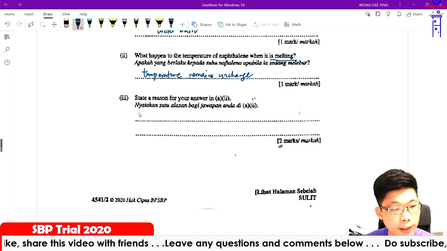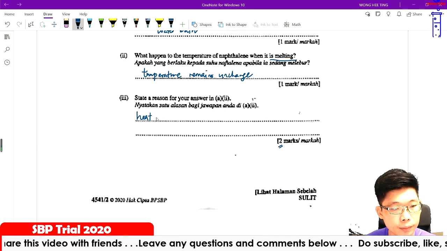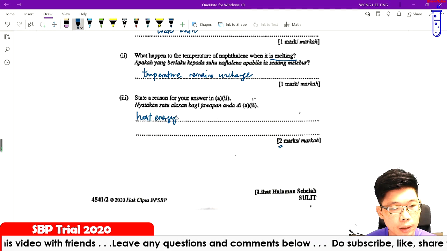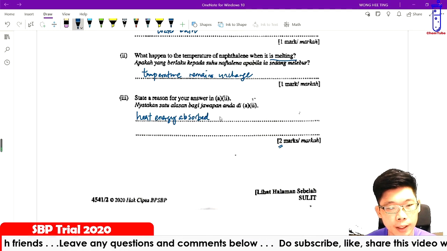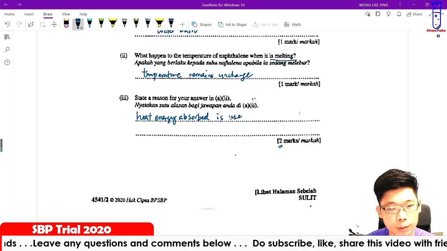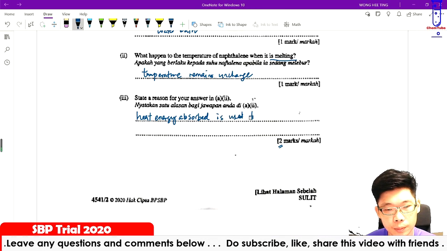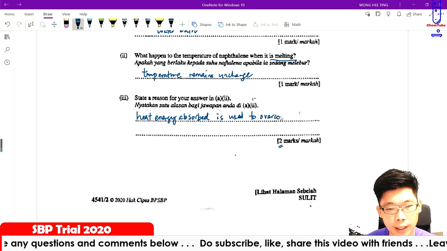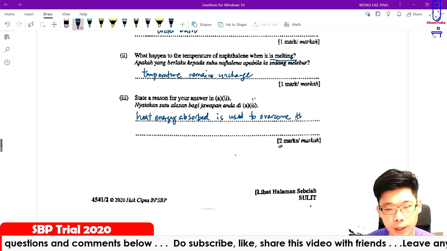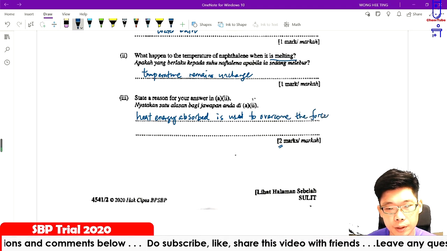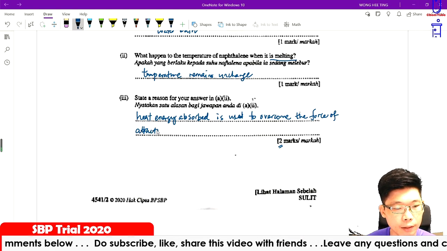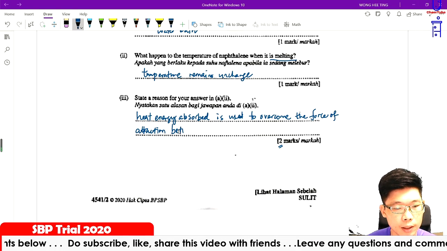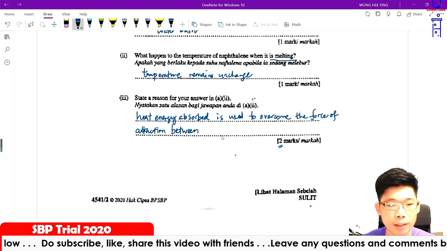Number 1, the heat energy absorbed is used to overcome the force of attraction between the particles, right?